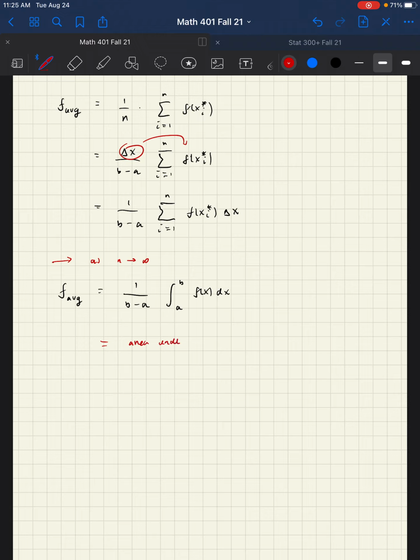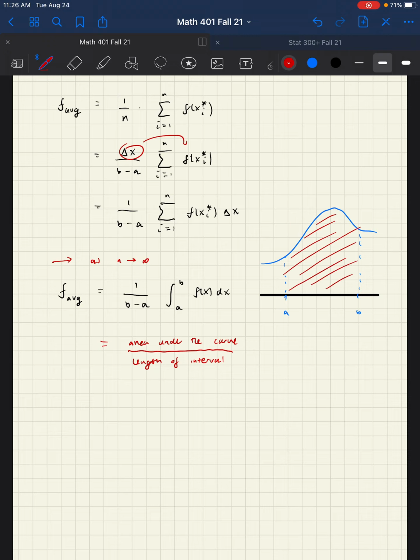In other words, the average value of the function is going to be the area under the curve over a to b divided by the length of the interval that we're defining over. So formally, if you want to understand this picture intuitively, we're saying the average value of this function, whatever it happens to look like, maybe it looks like this, and we're looking specifically at this segment here.